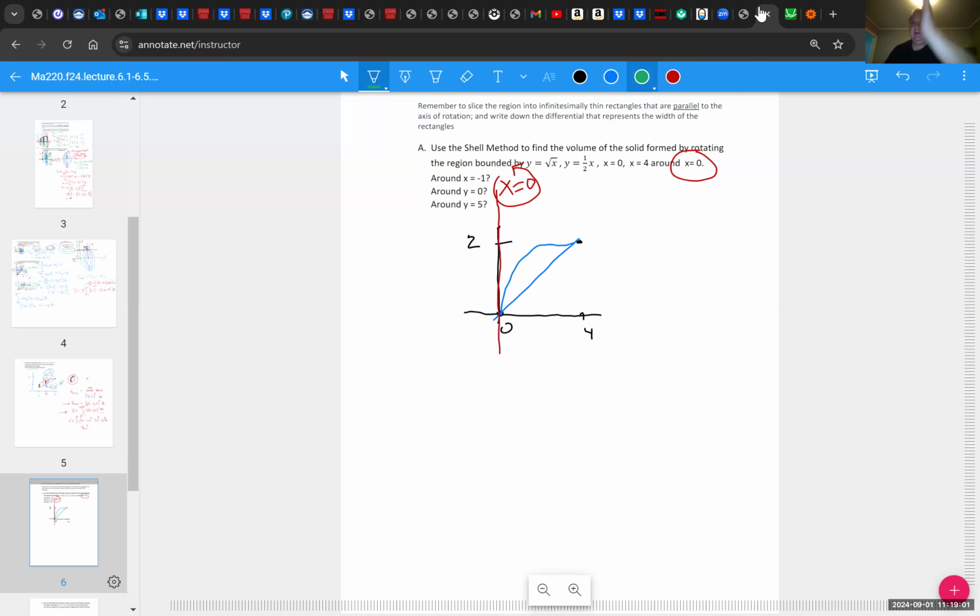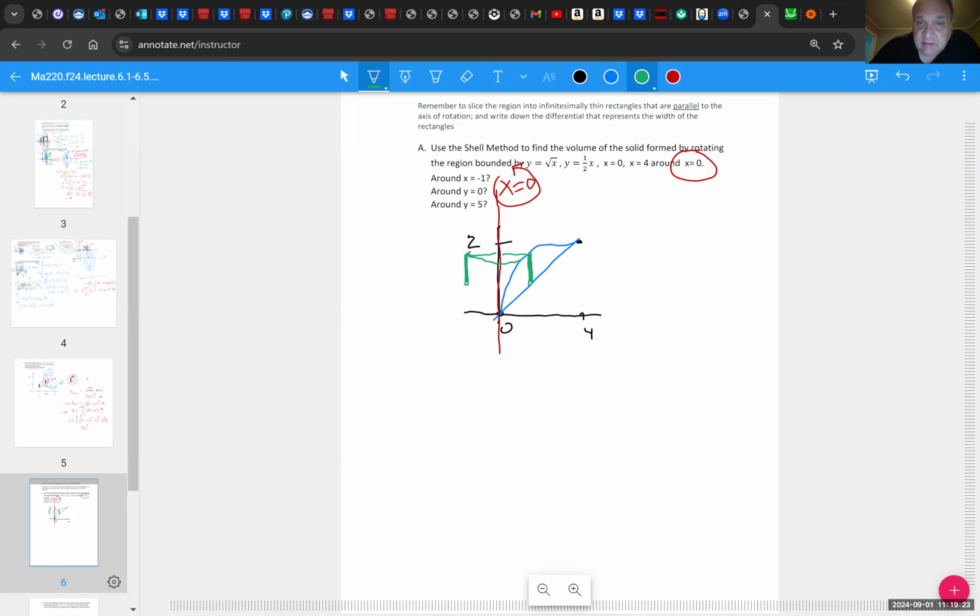So because my axis is vertical, my rectangle must also be vertical to use the shell method. If I take this rectangle and I revolve it around, the distance from here to here has to be a mirror image of the distance from here to here. And I get my slice, sort of mirror imaged.